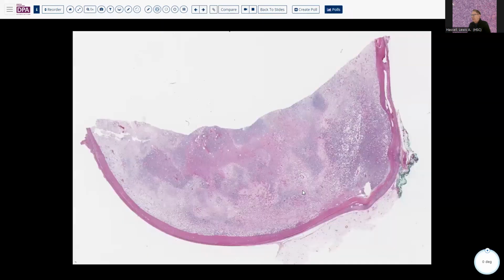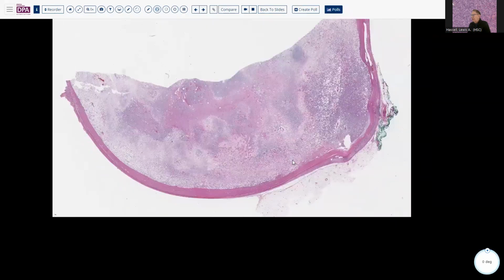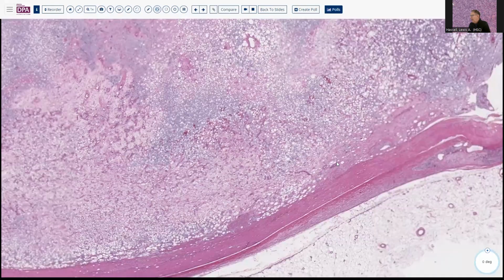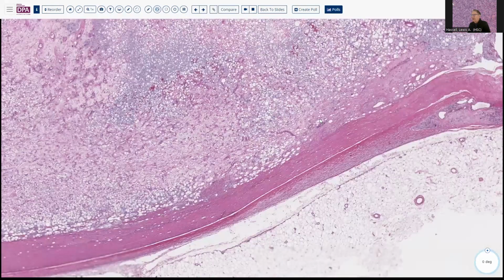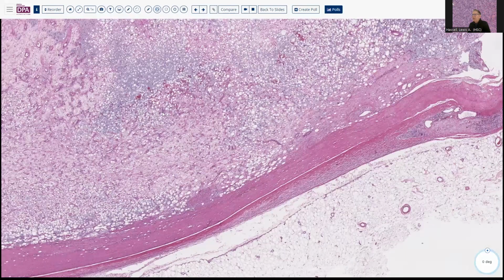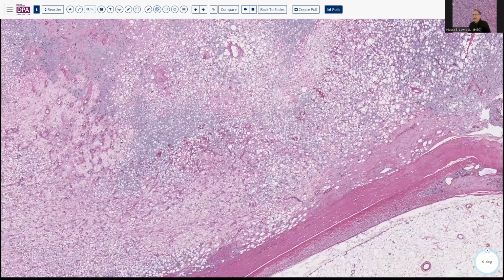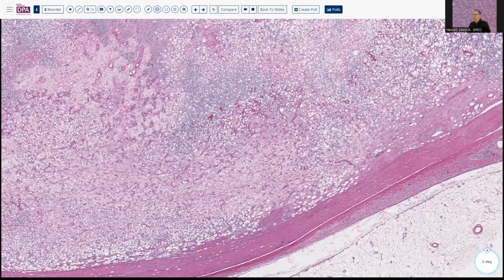Here, yes, another one. I think you can see this is somewhat encapsulated, at least has a fibrous capsule and a little bit more fatty change to it. Again, we have abundant myxoid tissue. And even at this relatively low magnification, you can appreciate this very, very rich capillary network in areas of this tumor.